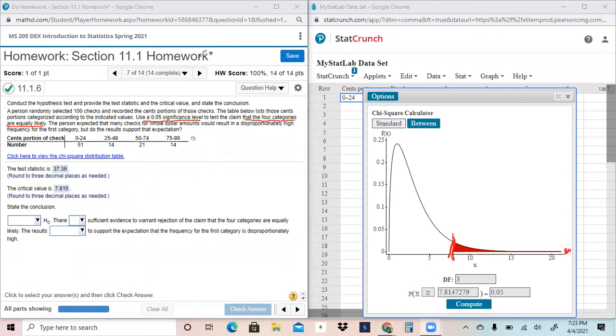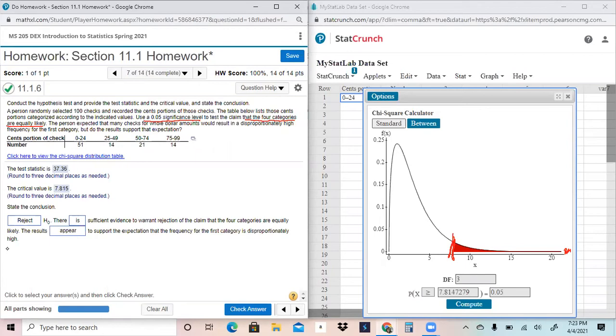Therefore, our conclusion is going to be that we reject the null hypothesis. There is sufficient evidence to warrant rejection of the claim that the 4 categories are equally likely, and the results appear to support the expectation that the frequency for the first category is disproportionately high.